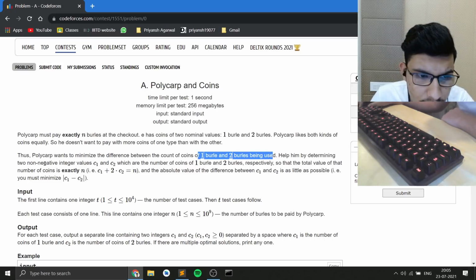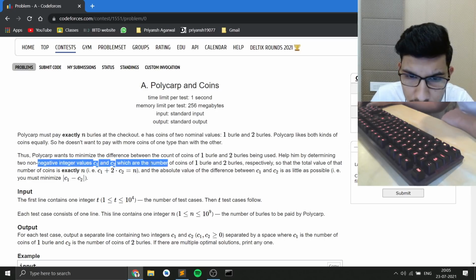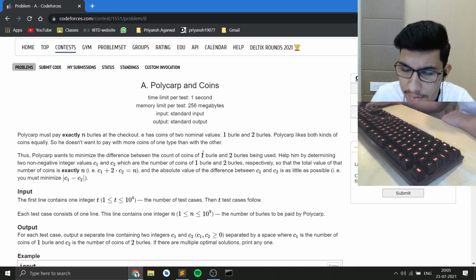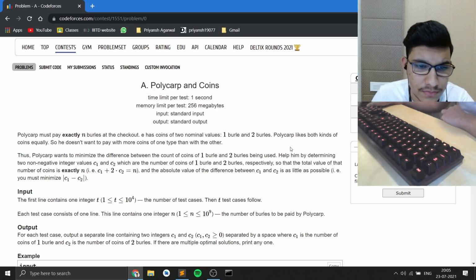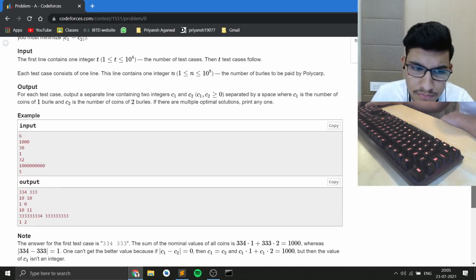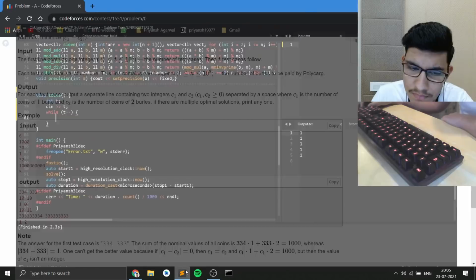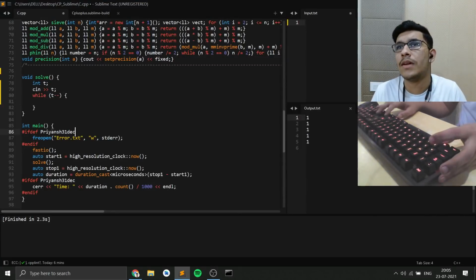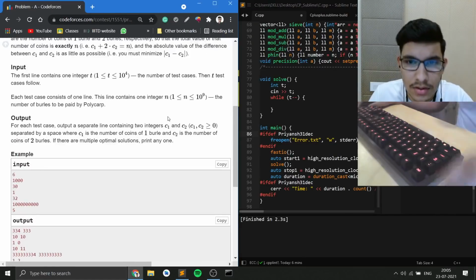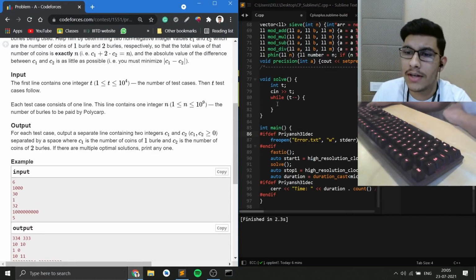Help him by determining two non-negative integers c1 and c2, which are the number of coins, so that the value of c1 plus 2c2 equals n and the absolute value of the difference between c1 and c2 is as little as possible. And n can be up to 10 to the power 9.